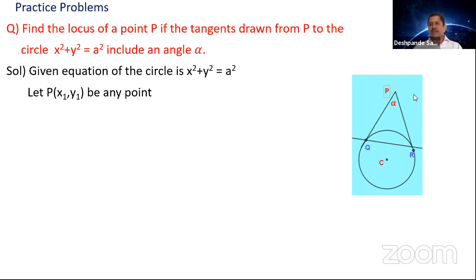If you take the point somewhere else, you can draw two tangents, and the positions of Q and R will also vary. The only thing is that the angle remains alpha. If the angle is maintained as alpha throughout, while changing the points, you have to find the locus of P. What is the path traveled by P if this condition is fixed?